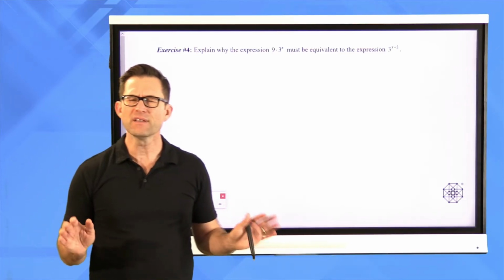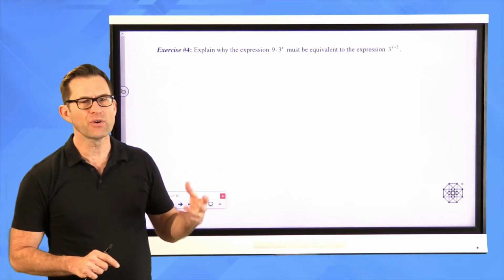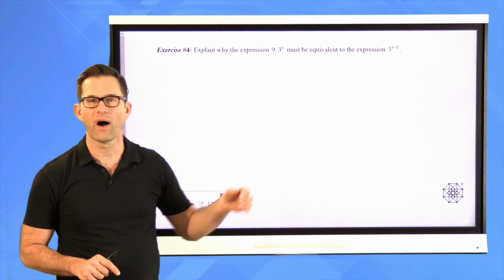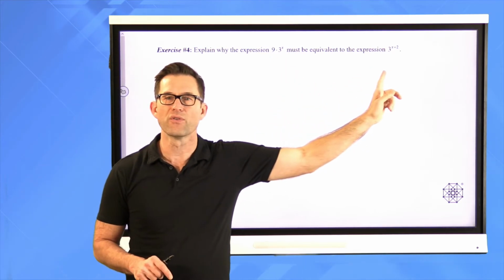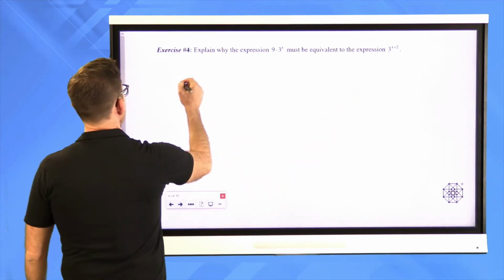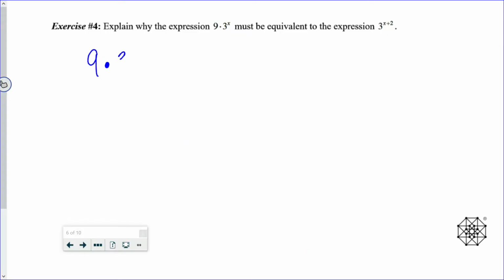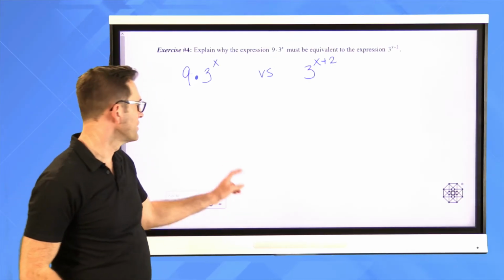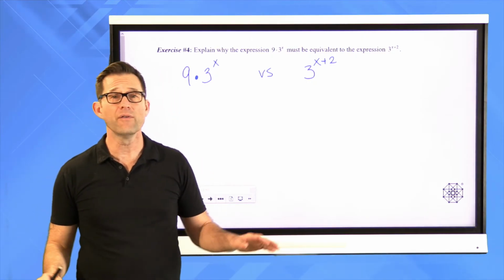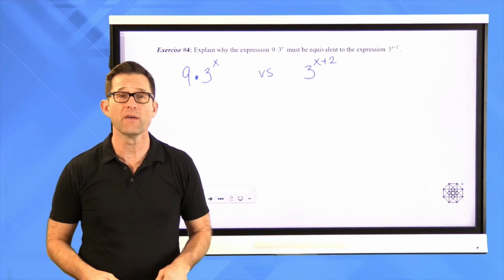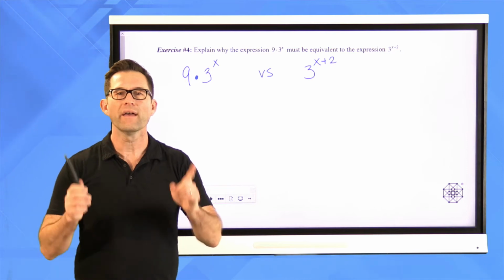Now, again, this thing's tricky, and yet, if I took some value of x, like x equals 5, and I plugged it into this expression, 9 times 3 to the x, versus this expression, 3 to the x plus 2, somehow those two expressions are actually equivalent. You pick any value of x and you plug it into both of them, they're going to give you the same value. Why is that?